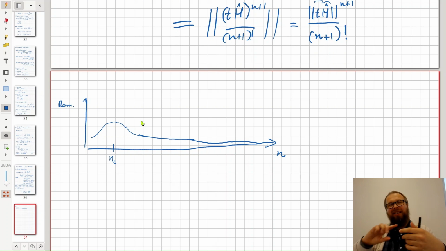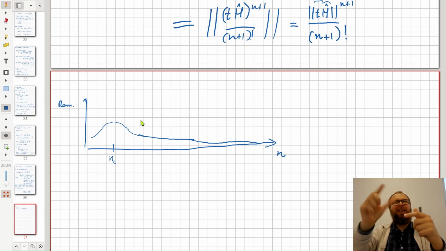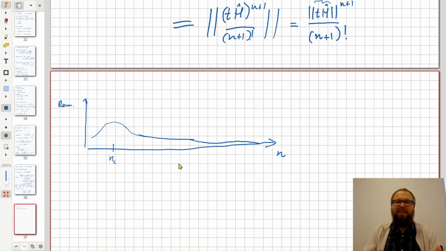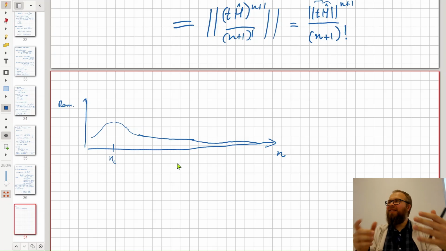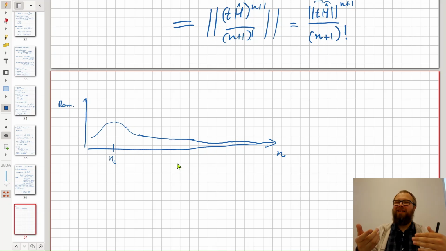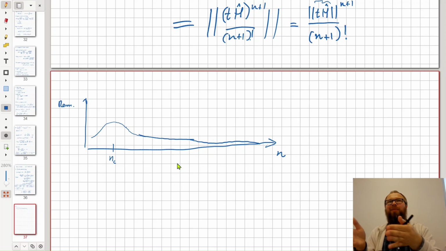So the error changes with n for a given time. This is how much payoff we get for a given amount of work.